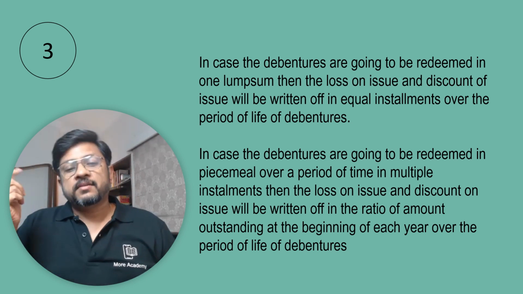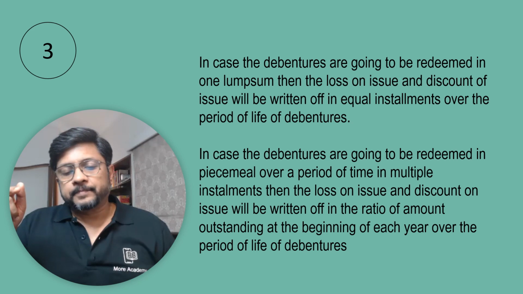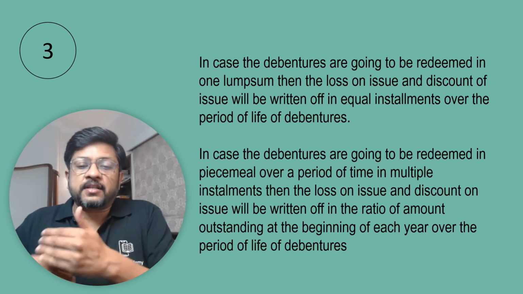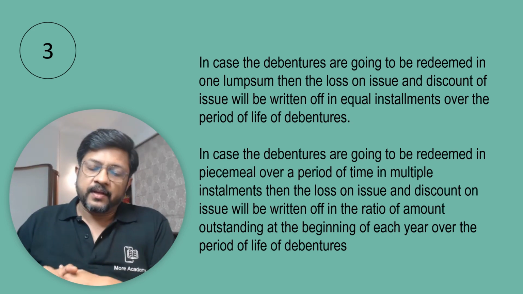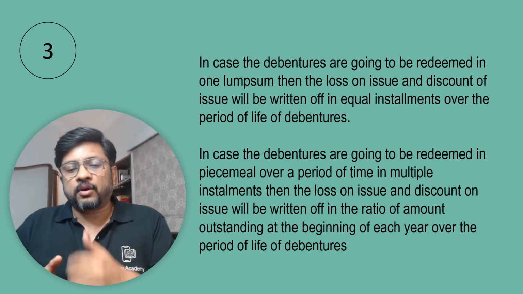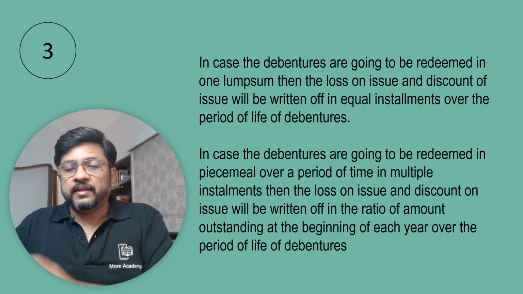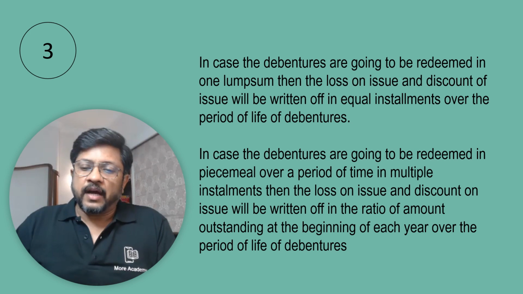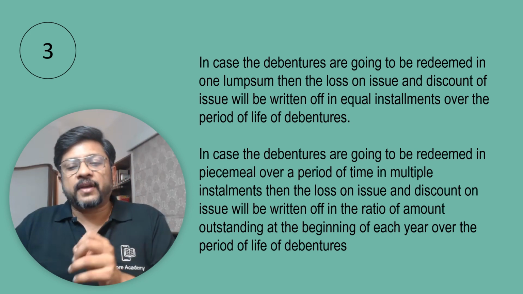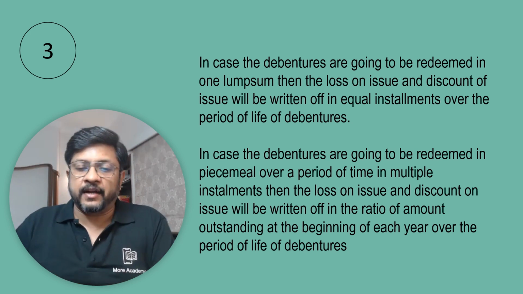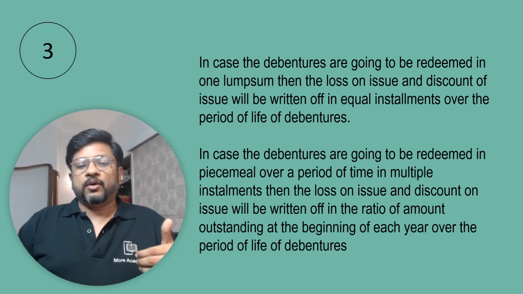On the other hand, some debentures might have been issued in such a manner that every year some portion of debentures is going to get redeemed. In such a situation, since you are going to pay in multiple different installments, the loss on issue and the discount on issue will be written off in the ratio of amount outstanding at the beginning of each year over the period of life of debentures.